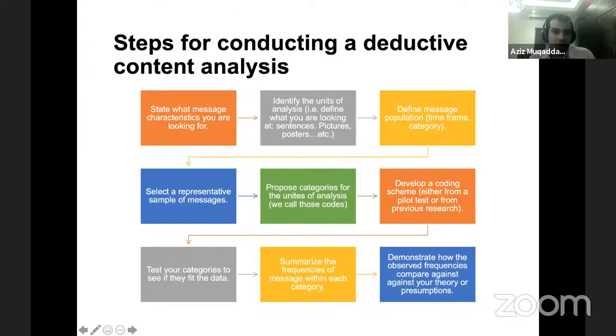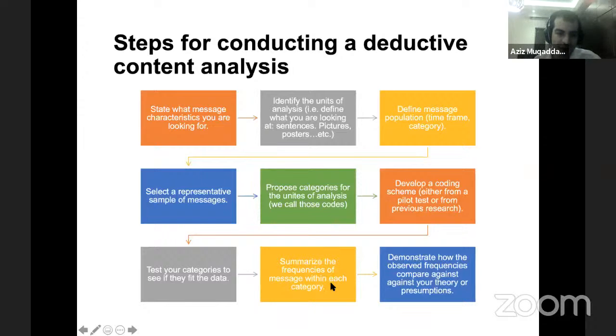With that, then you apply these categories. Hopefully you test them first on testing data. So you would code another speech rather than the main speech, like old speeches, and you figure out how these categories fit the data. From that, you run it again, and then you summarize the frequencies of the messages within each category.